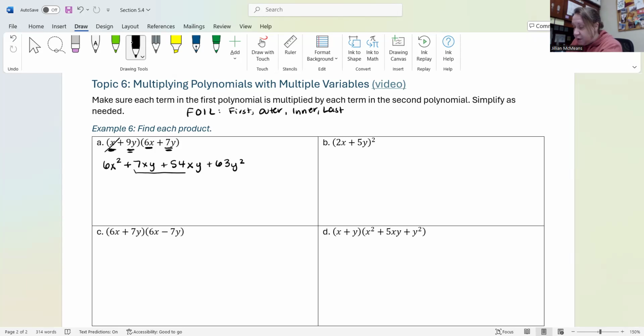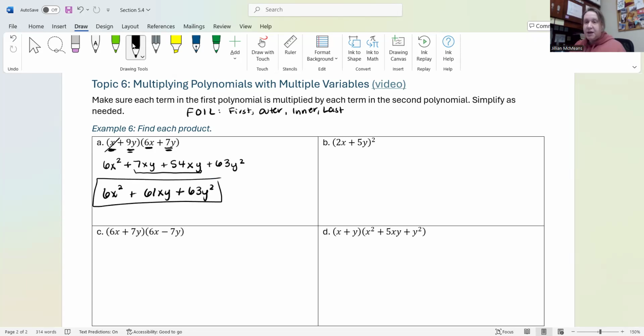These middle terms both have xy as the variable, okay? So I'm going to bring down my 6x squared. And then 7xy plus 54xy would be 61xy plus 63y squared. And that would be our final answer.